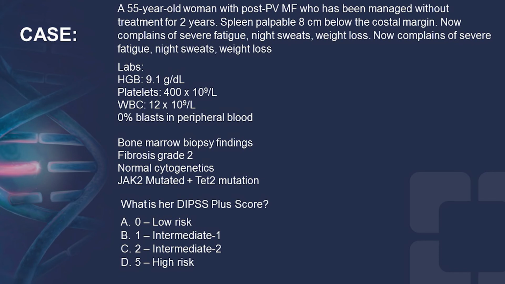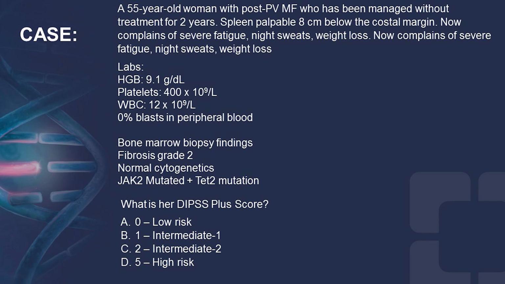She still has some thrombocytosis, a little bit of leukocytosis, but she doesn't have any blasts in her peripheral blood. She has a bone marrow biopsy that shows grade 2 fibrosis. She has normal cytogenetics, and she's JAK2 mutated and TET2 mutated, but doesn't have any other high-risk mutations.